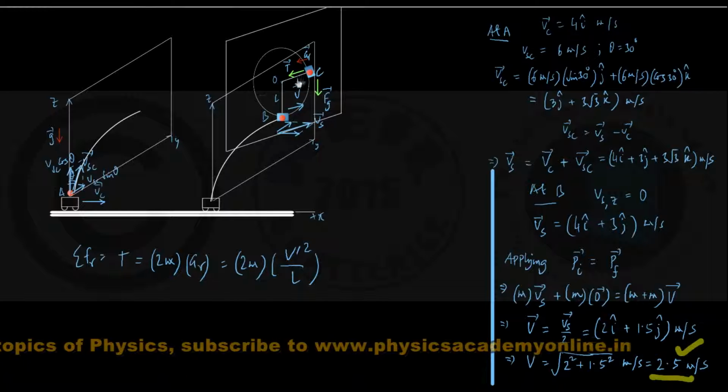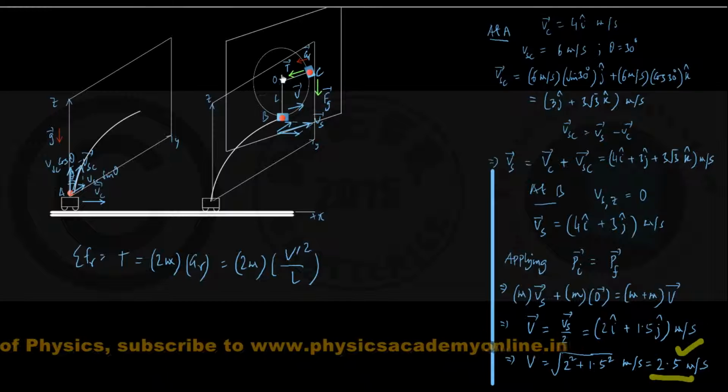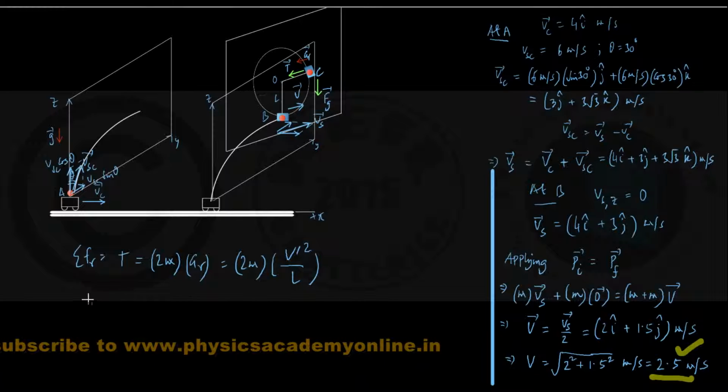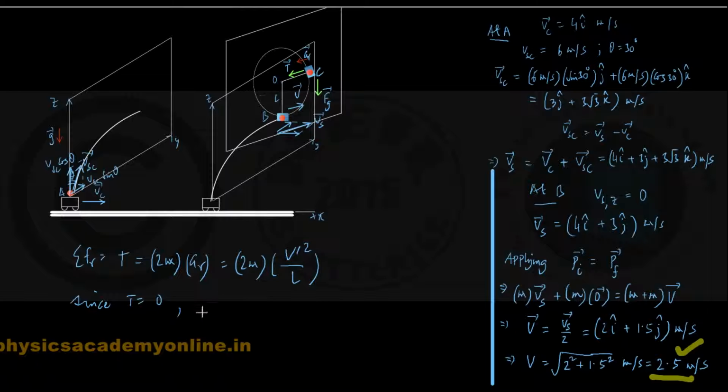Since they have said at horizontal position the tension of the string becomes 0, therefore we are getting that since tension is 0 in horizontal position, it follows from the previous line equation here that the speed V dash of the combined mass at position C must also be equal to 0.